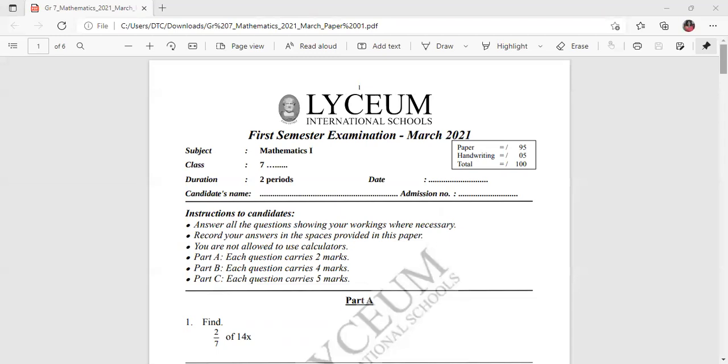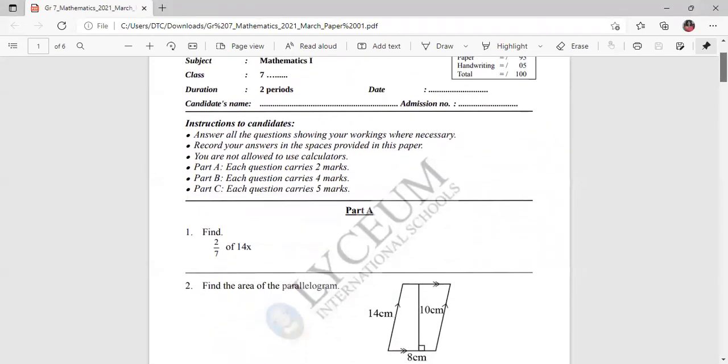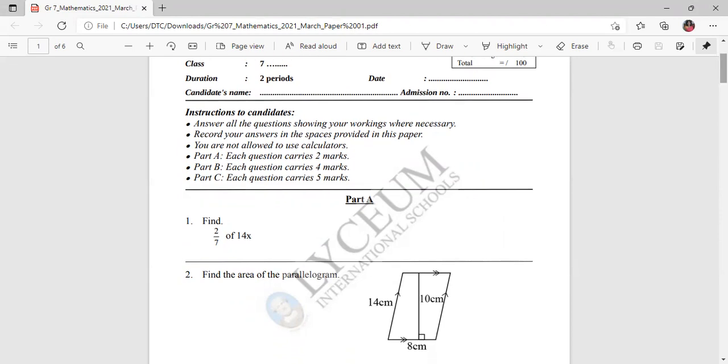First of all, when you get the paper, you want to read the instructions properly, right? The first instruction they have given: answer all the questions showing your workings where necessary. For paper 1, you write the answers in the spaces provided in this paper. Therefore, you want to show all of your workings in this paper itself.